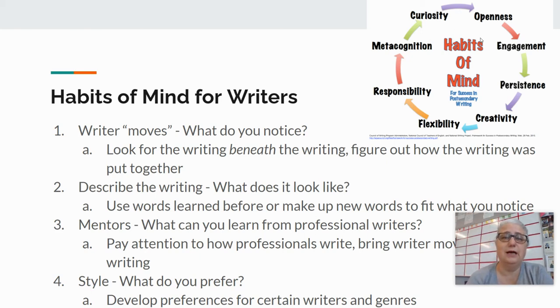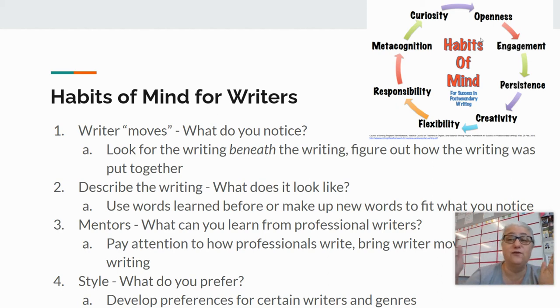Do you see them using particular word choice? Do they use content-specific words? Meaning, do they use a lot of words that are about that particular topic? Do they use a lot of very flowery language, lots of description? Do they use short sentences?